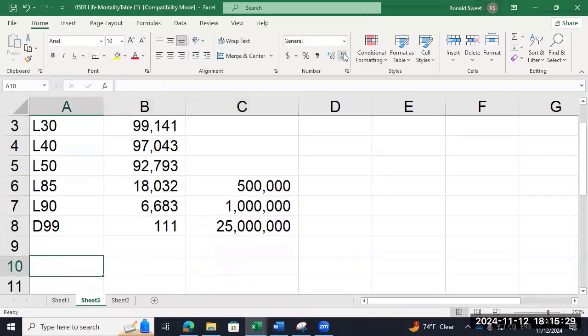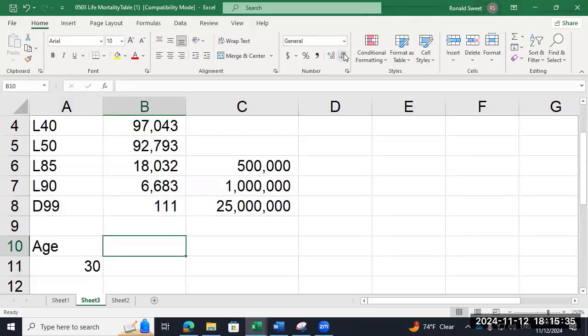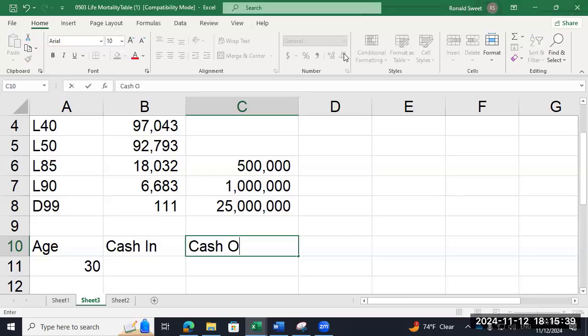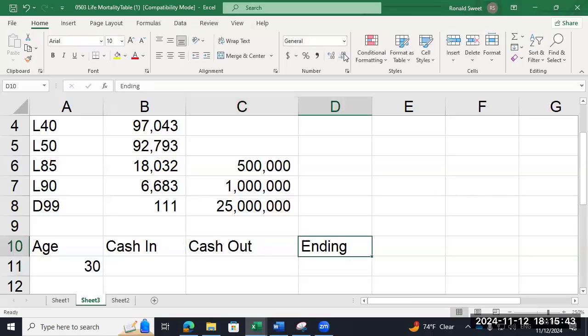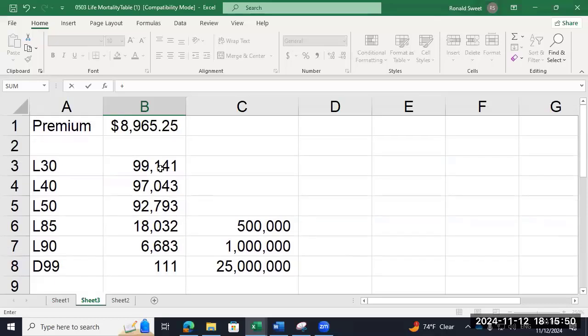So let's try it. So you've got age is 30. You've got cash in, cash out, and ending. So our cash in here is going to be all the people alive at 30 times that premium.